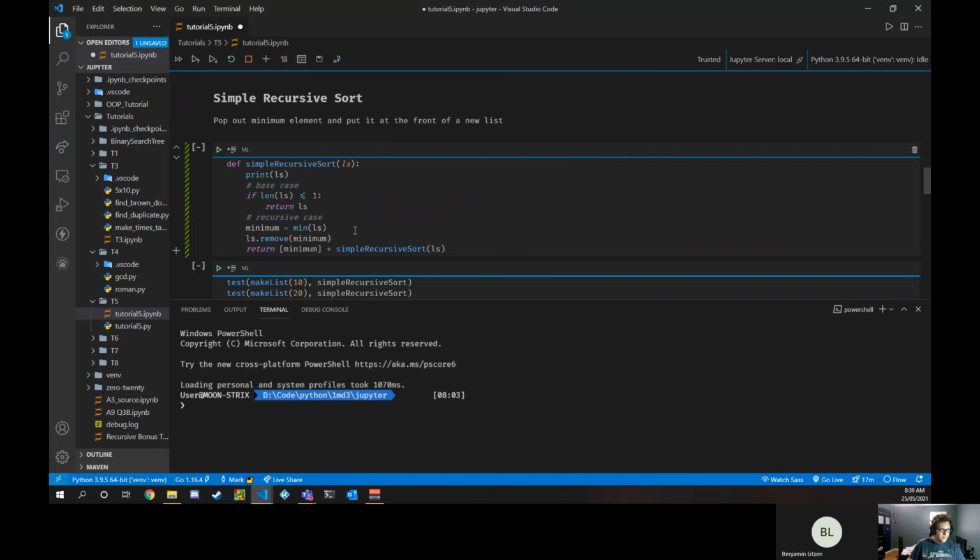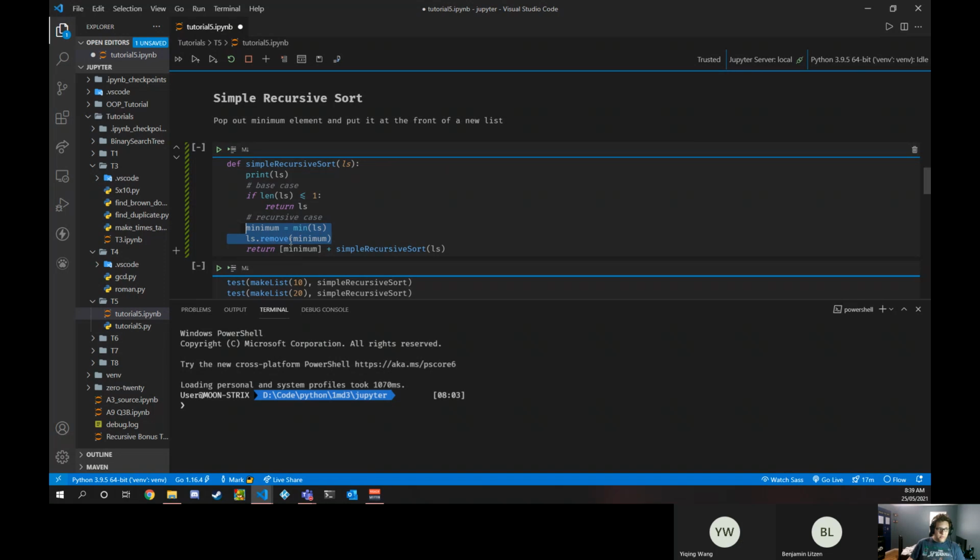I just realized I screwed up there. So I find the minimum element, remove the minimum element from the list, and then I just recurse. The count part, however, is due to a quick issue regarding this.